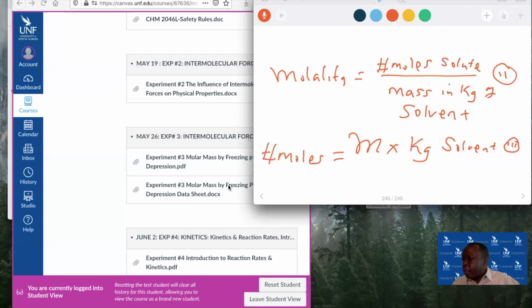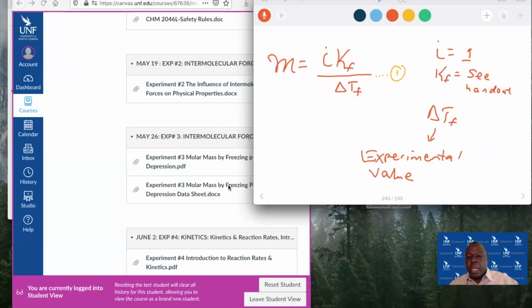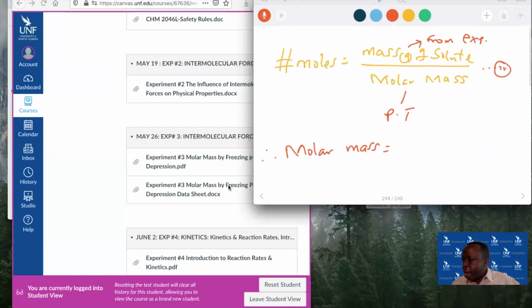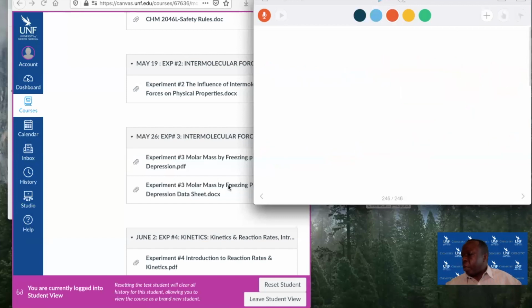Where are you going to get the molality from the experiment? From equation 1 here. It will give you the numerical value for molality, which you will plug in here. The mass in kilogram of the solvent, of course, the direction will state how many grams of solvent you need to weigh out. Change that to kilogram, and you'll get the number of moles.